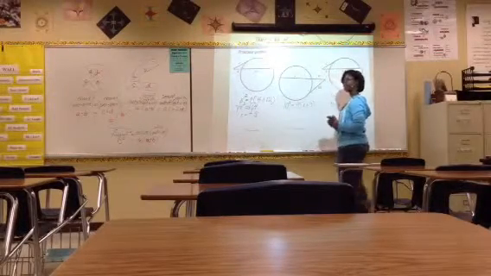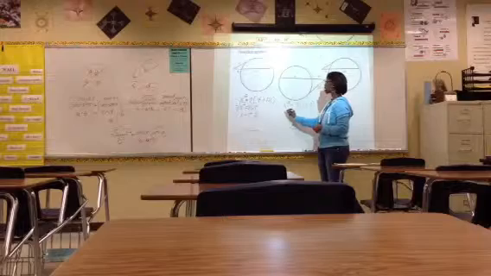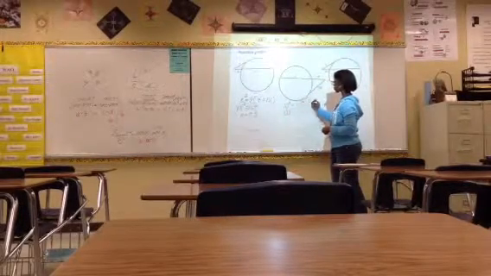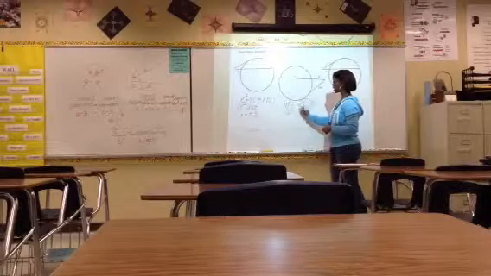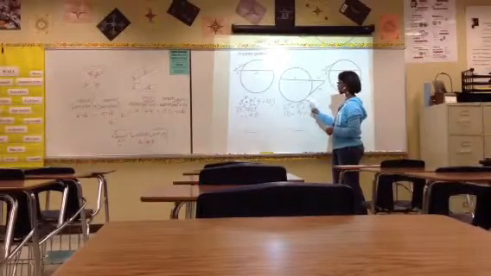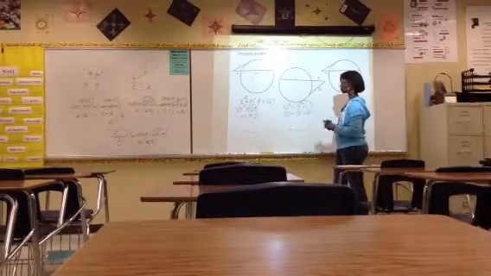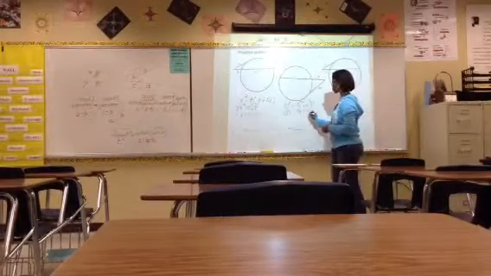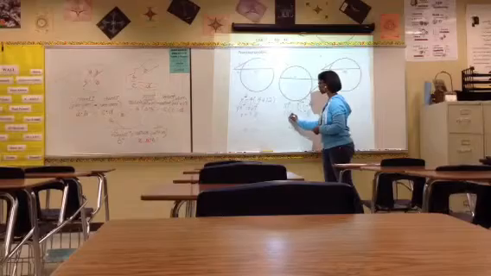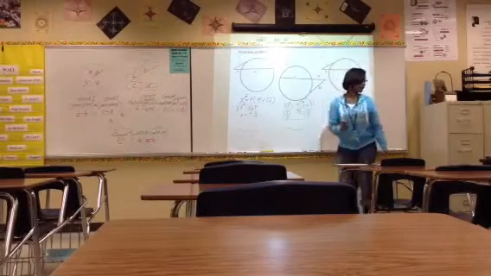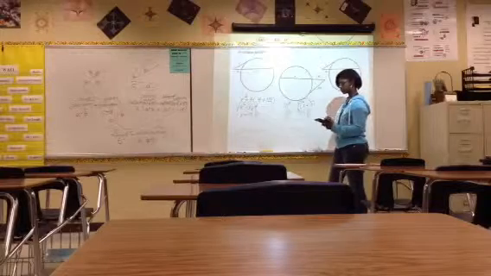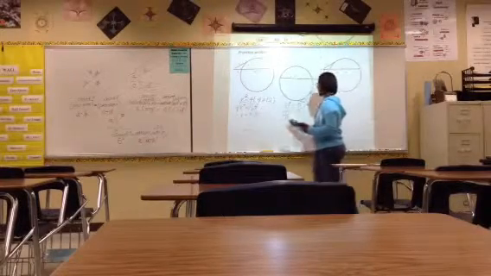Now let's simplify what we have. 10 to the second power is 100. And on the right side, we want to distribute. 9 times x is 9x. 9 times 9 is 81. At this time, we want to isolate x. So we want to move the 81 to the other side. So 100 minus 81 is 19.